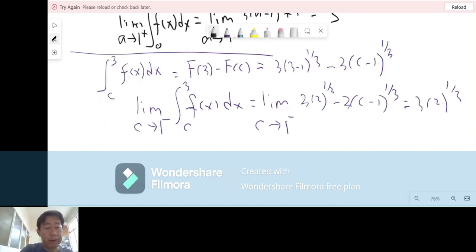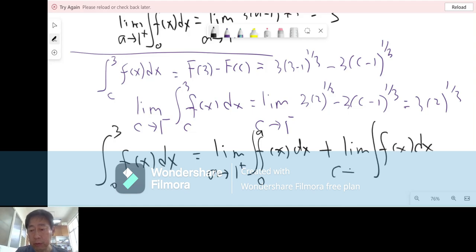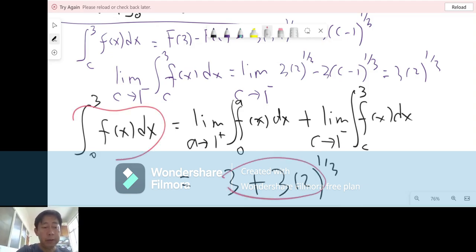Putting both together, the integration of the integrand from 0 to 3, which is the sum of the limit a going to 1 from the left from 0 to a, plus the limit of the integration for c going to 1 from the right, is simply equal to 3 plus 3 times 2 to the power of 1/3. That is the result of this improper integration.